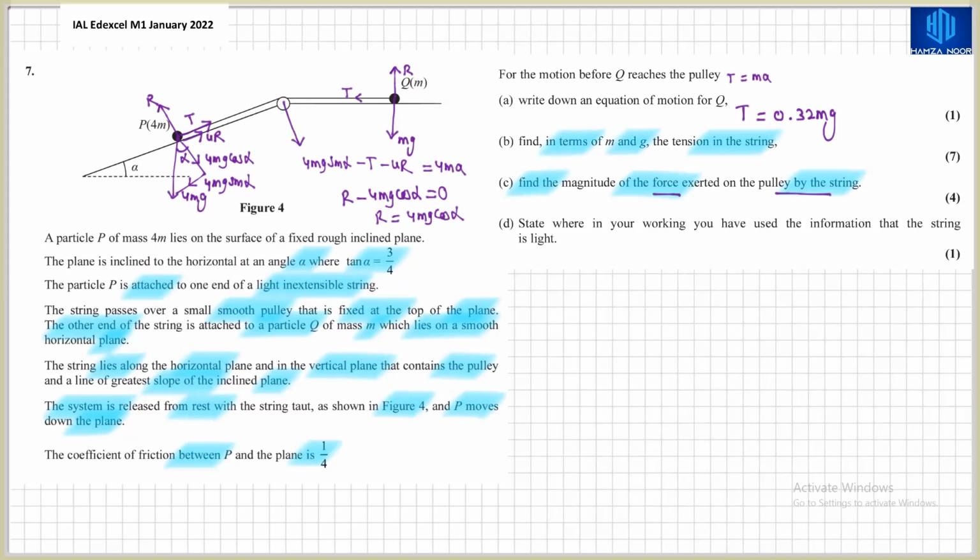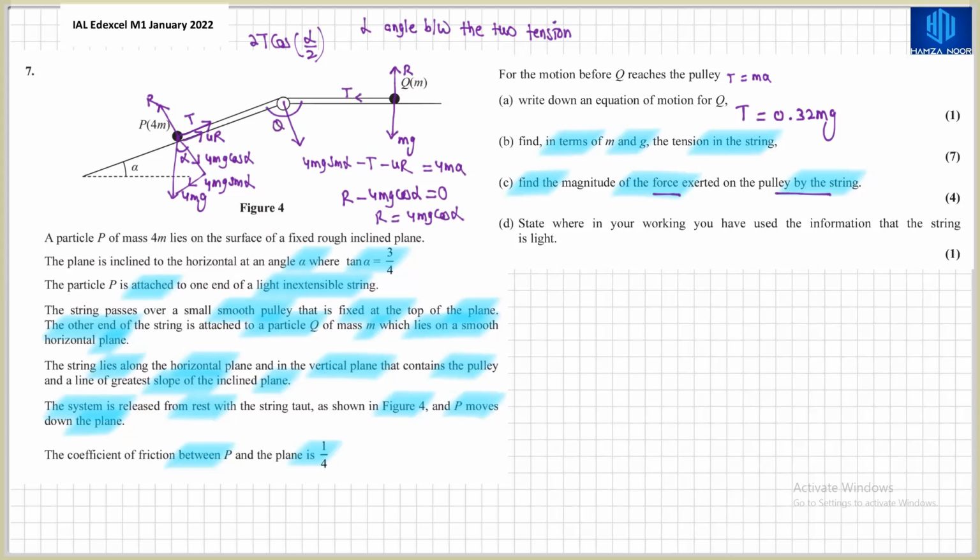The formula for finding this force is 2T multiplied by cos alpha over 2, where alpha is actually the angle between the two tensions. All right. And in this case, since the angle alpha is already occupied in the question, I'm going to say the angle between the two tensions is theta. All right.